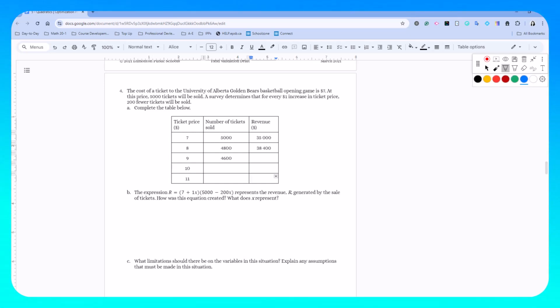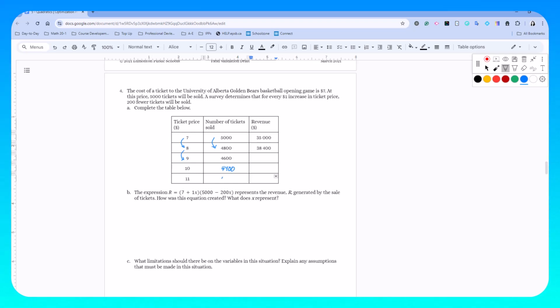In the first column, the ticket price goes up by 1 every time. With each $1 increase, the sales go down by 200, so let's decrease by 200 each step going down.